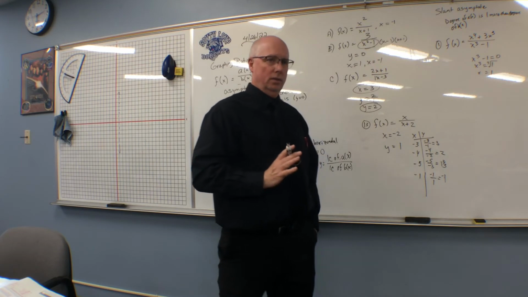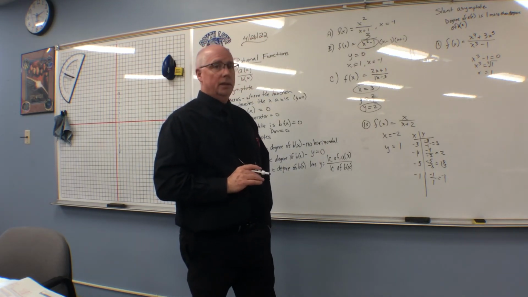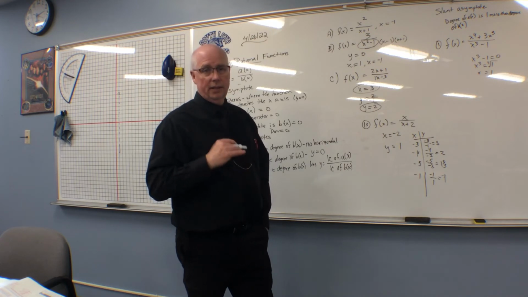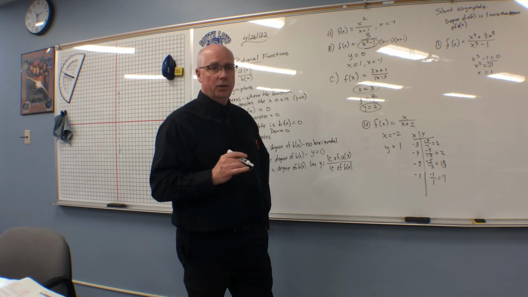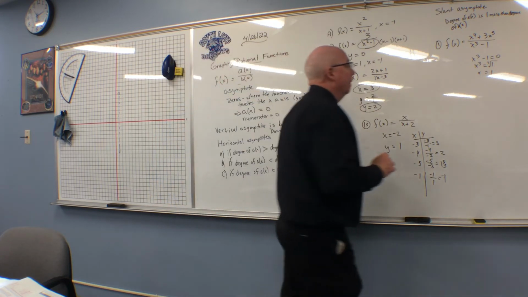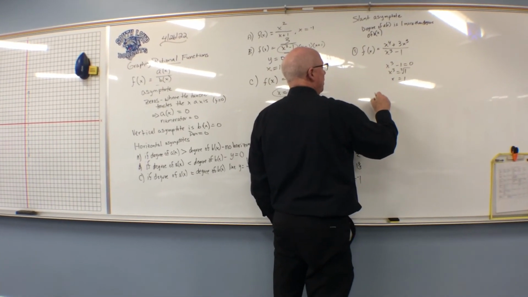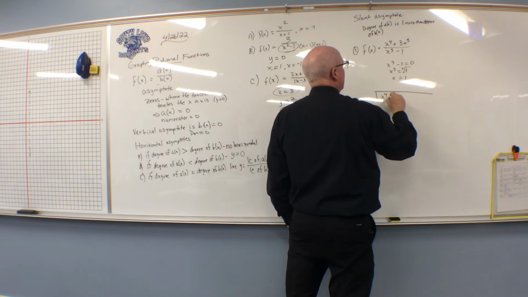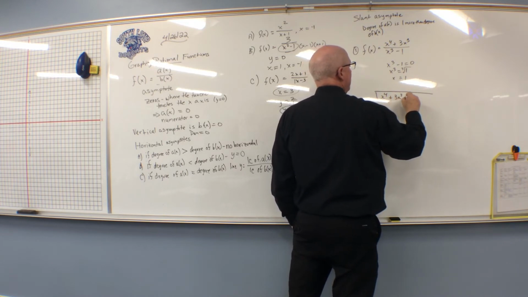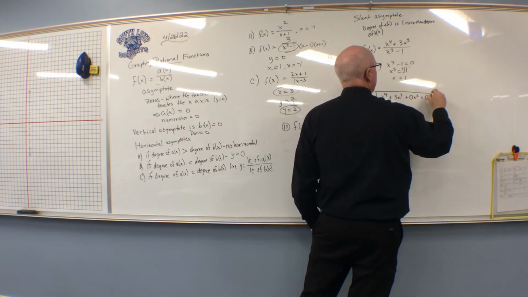Now, here's the bad part. The slant asymptote is the numerator divided by the denominator. And we can't factor them, we have to use long division. So when I use long division, in the box is all of this. We don't have an x squared term, so we put in an x squared term. We don't have an x term or a constant.